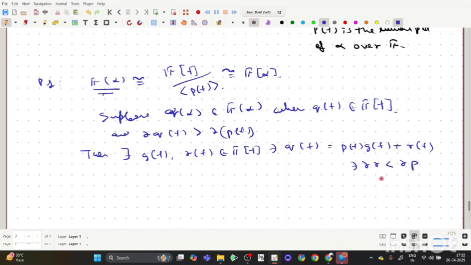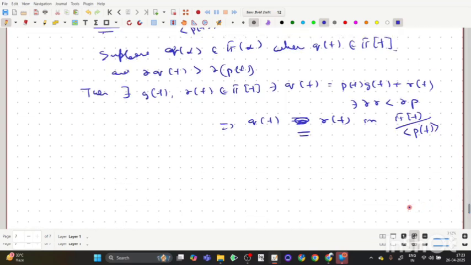Then q(t) is congruent to r(t), or in simple notation equal to r(t), in F[t] mod the ideal generated by p(t). Is it clear? So this implies that q(alpha) equals r(alpha) in F(alpha).